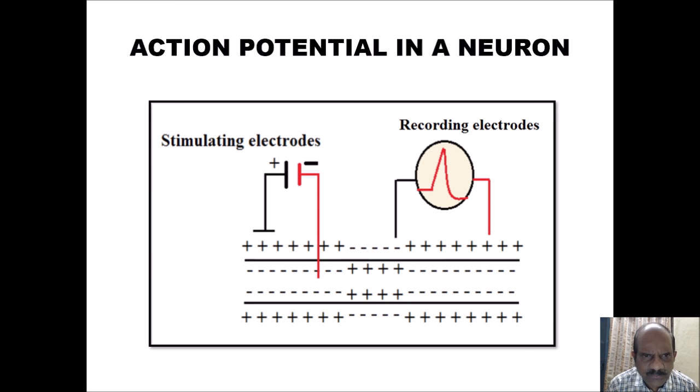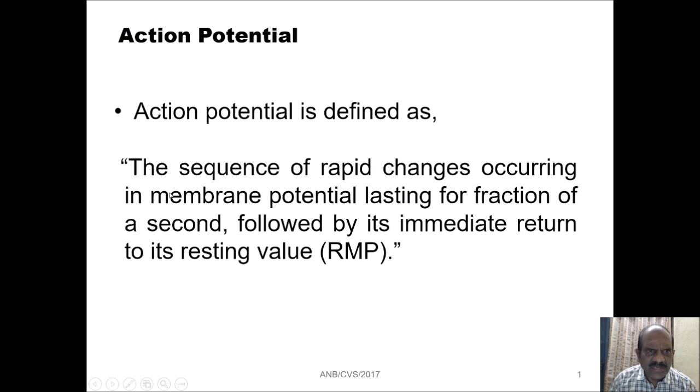Then the action potential. How do we record an action potential? There is a stimulating electrode and a recording electrode, which records the action potential on the oscilloscope, and here you will find the typical pattern of the action potential. In the case of skeletal muscle, it is a spike type of action potential. Similarly, how do we define action potential?